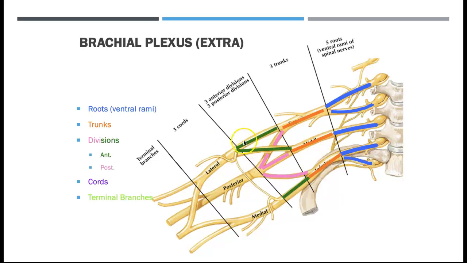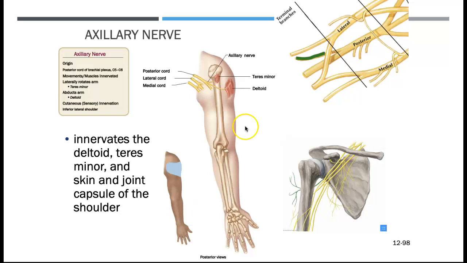So note how the two anterior from the superior and middle trunk will then create our lateral cord. All of the posterior divisions create the posterior cord, and the one anterior division from the inferior trunk creates our medial cord. From there, and I just realized my cord color does not match here, extending from there, we then have the terminal branches.